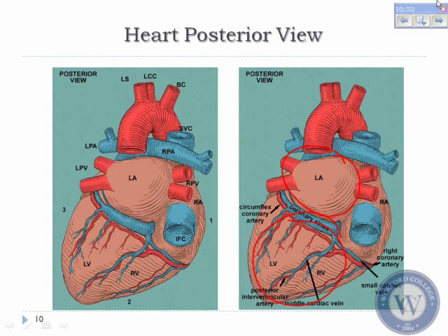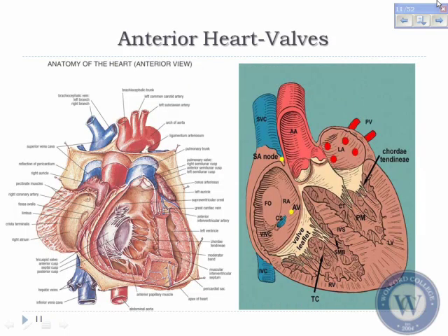One is the LAD, the left anterior descending, which separates the right and left ventricle via the septal wall. Then you have the circumflex artery, which rotates behind and provides the left ventricle with most of its blood supply. The coronary sinus is also present back here posteriorly, and that's where it enters and returns blood back into the right atrium.